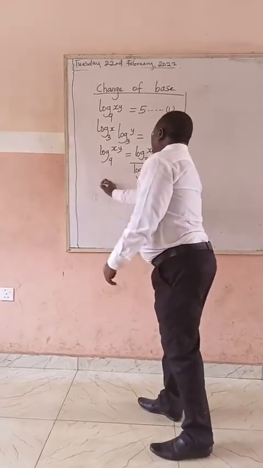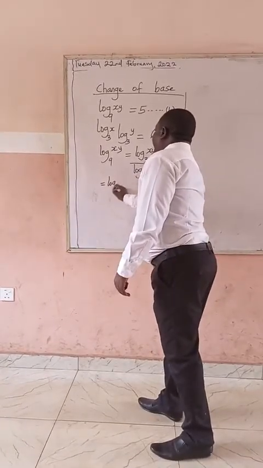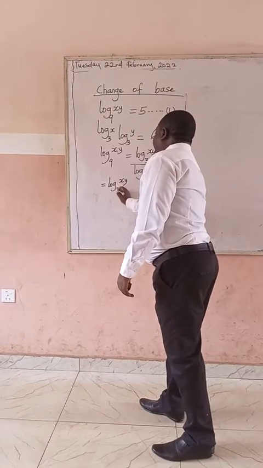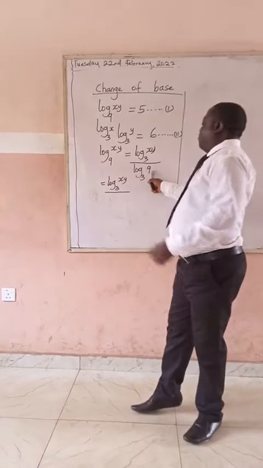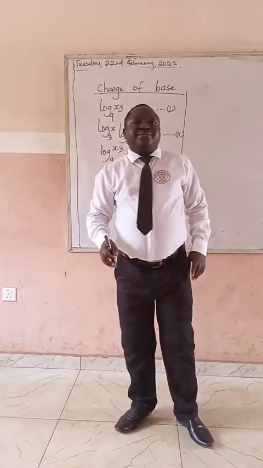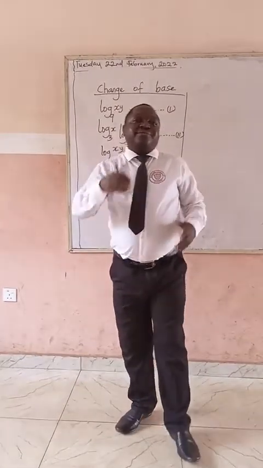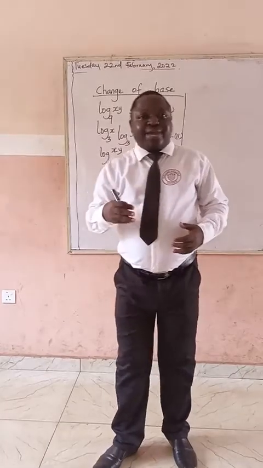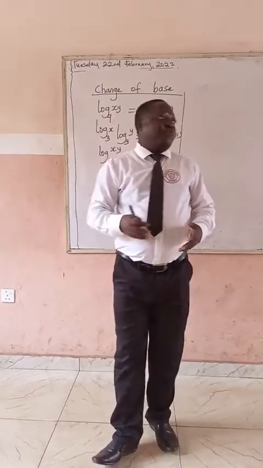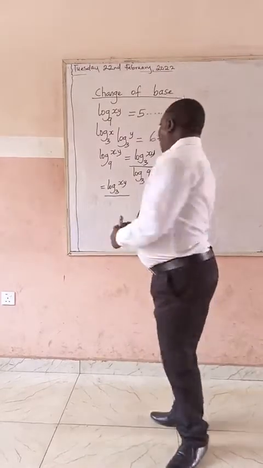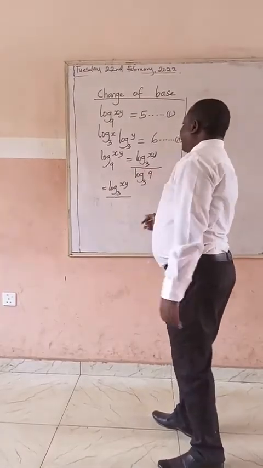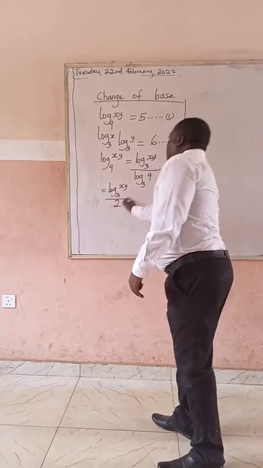Logarithm of 9 in base 3 means what is the power to which 3 must be raised so as to get 9. The power to which 3 must be raised so as to get 9 is 2. So logarithm of 9 in base 3 is equal to 2.